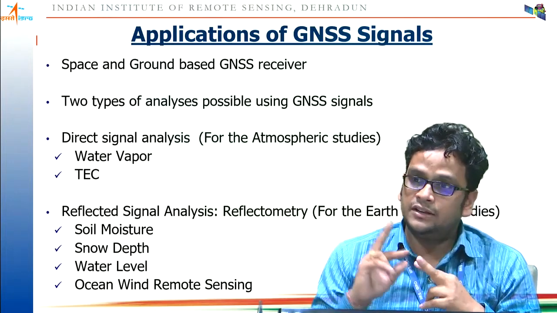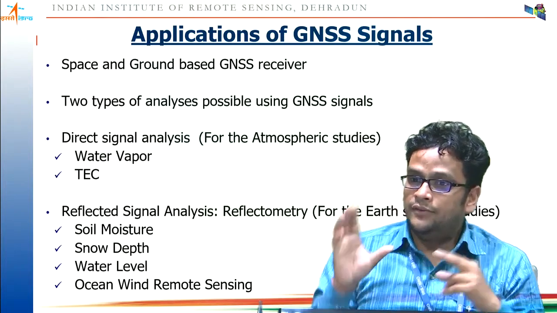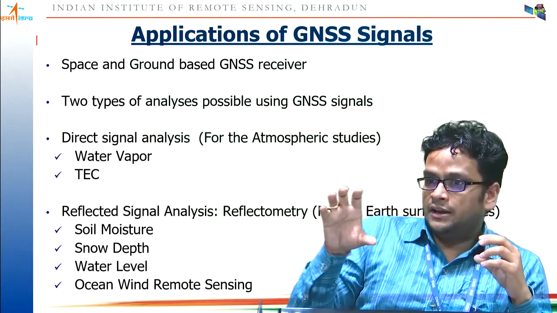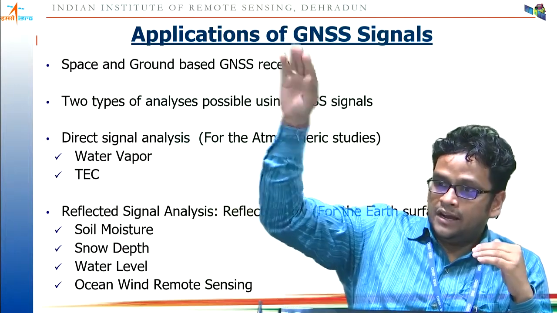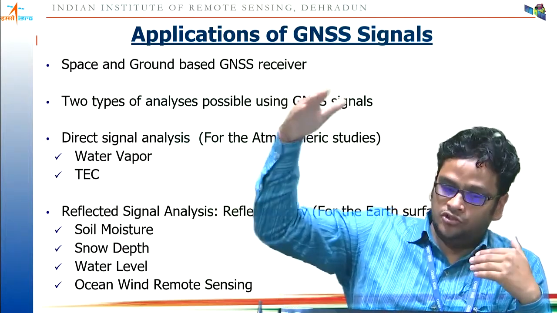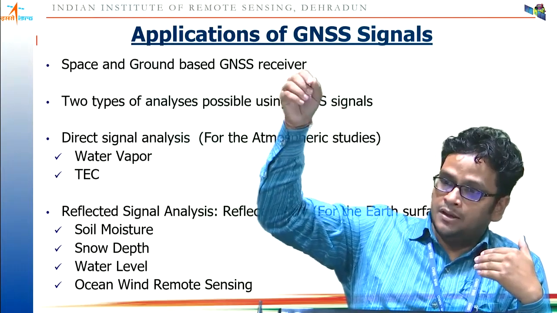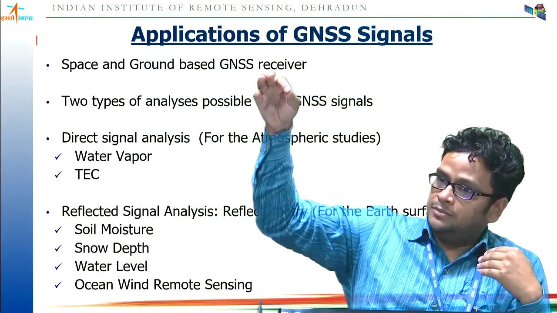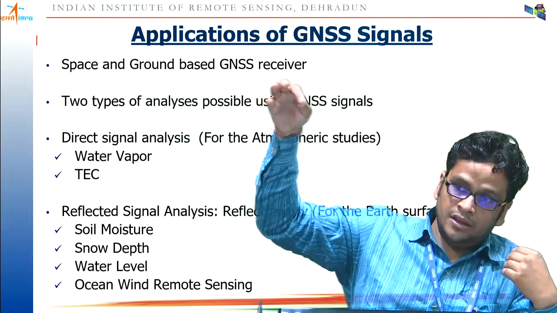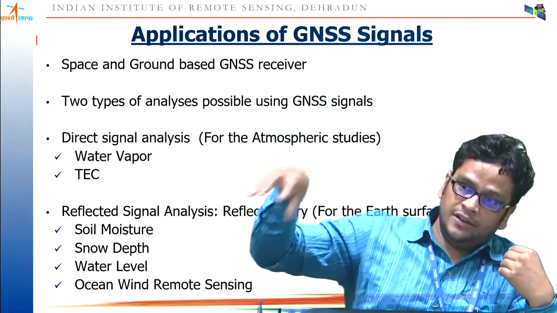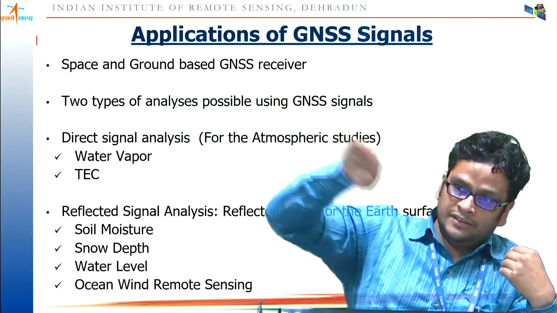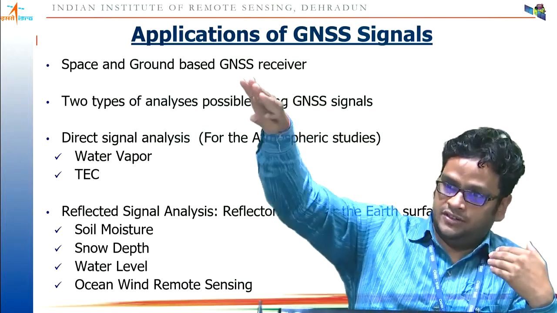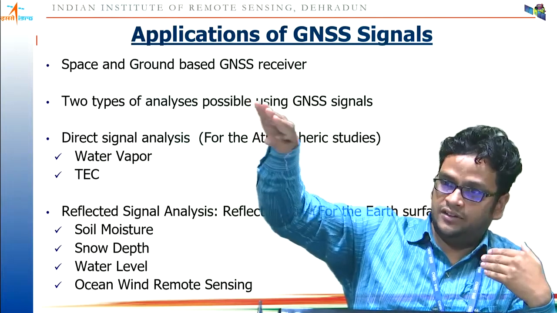There are two things. One is, when we are using the models, we remove that delay to get the straight, geometric distance between the GPS satellite and the receiver. If you are able to remove this delay, whether it is an ionospheric delay or a tropospheric delay, it will be basically the geometric distance, just a straight line distance.